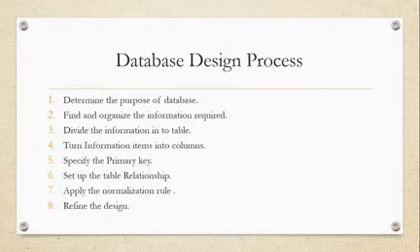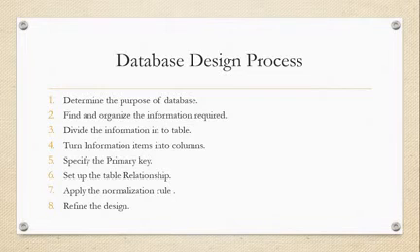So such a type of information we need to use. So customer ID, customer name, customer address, customer email, customer mobile number, these are the attributes, and we already discussed that. These attributes must be unique. So turn information items into columns. The columns are nothing but attributes.